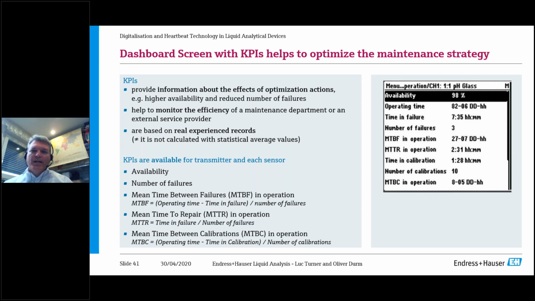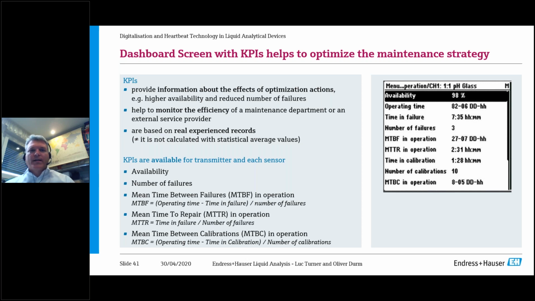So these here are real experienced records, and as you see, we calculate this out of the different factors. So you get a KPI about, for example, can I improve the mean time between failures? Can I improve the mean time to repair or the mean time between calibrations? So this gives you information directly: if you change something in your maintenance procedures, you will directly see the effects in these KPIs.